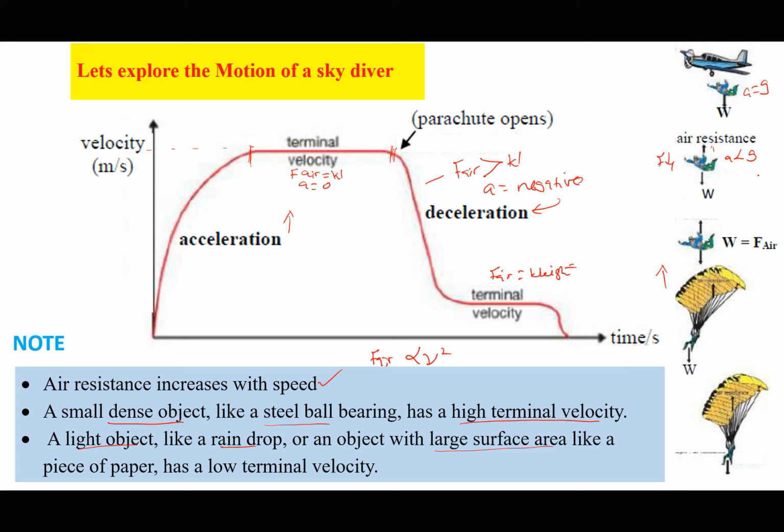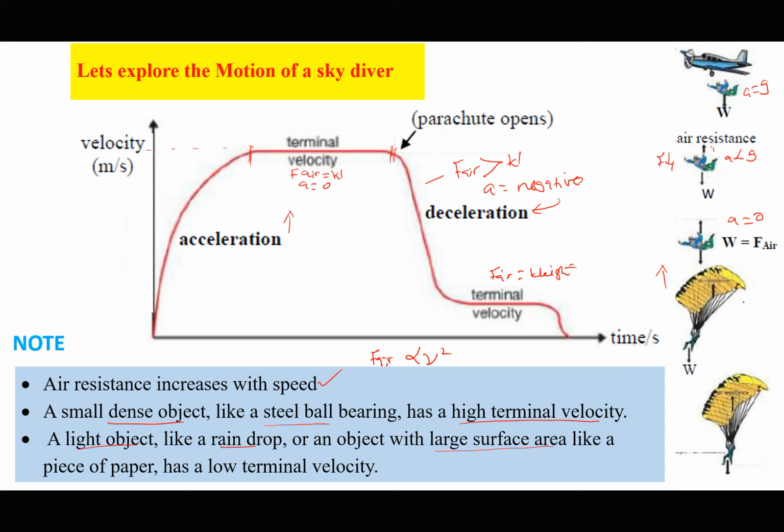So that means he will now have a smaller acceleration, less than g. At the point when the air resistance equals the weight, that is in this case here, the acceleration becomes equal to 0. We have reached terminal velocity. So the object will be moving at a constant velocity when the weight equals the force due to air resistance.